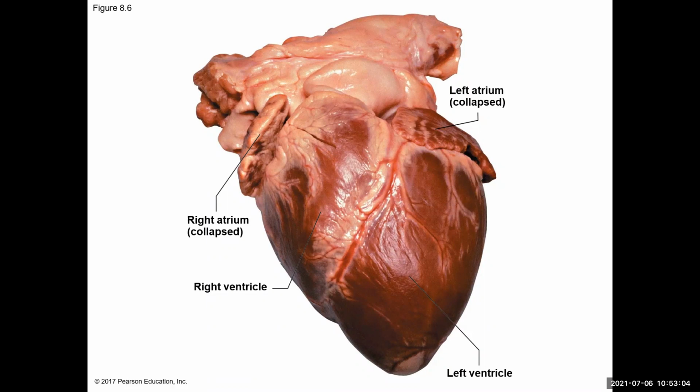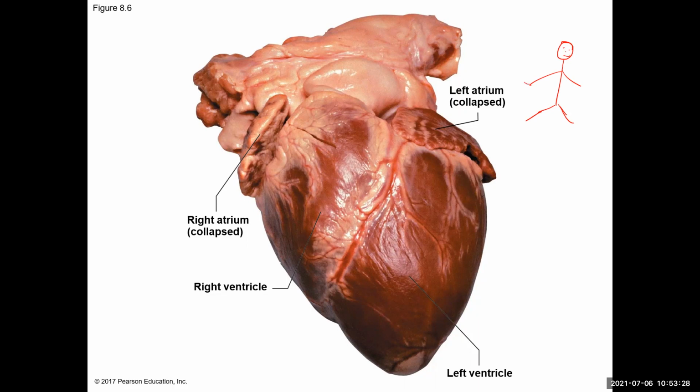Now, looking at the heart here, whenever you look at an image of a heart, 99% of the time it's going to be as if the person was in the anatomical position, right? So if the person was, excuse my great stick figure, facing like this, right?